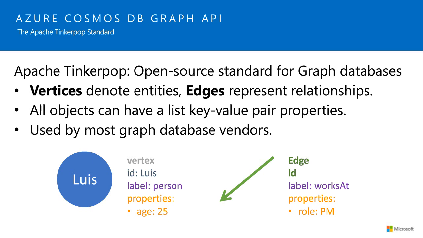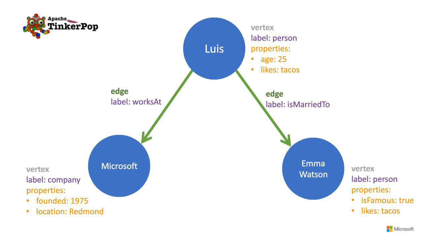So a basic graph would look the following way. So you have three vertices, and for example, we have the vertex Luis, which is a type of person. It's of age 25 and likes tacos, just the arbitrary properties that can be inserted into this object.